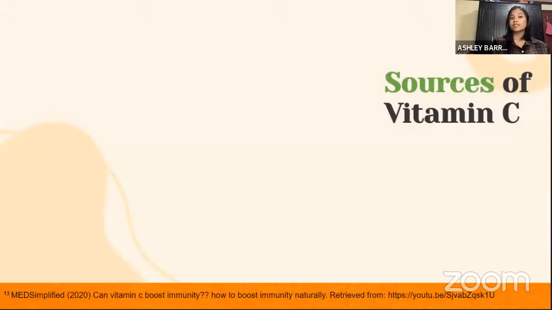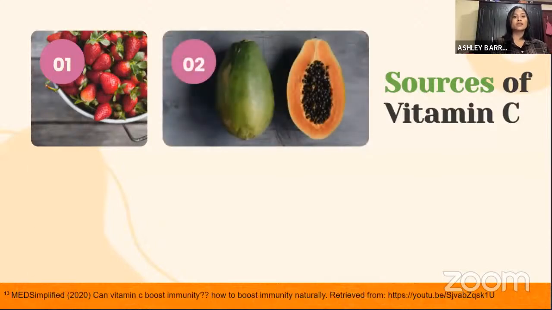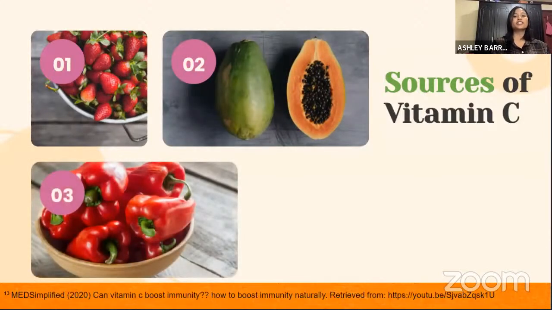Now, where could we find such vitamins? Well, fruits and vegetables like strawberries, papayas, and red bell peppers are rich in vitamin C. In fact, they are actually richer in vitamin C compared to citrus fruits such as oranges and lemons.